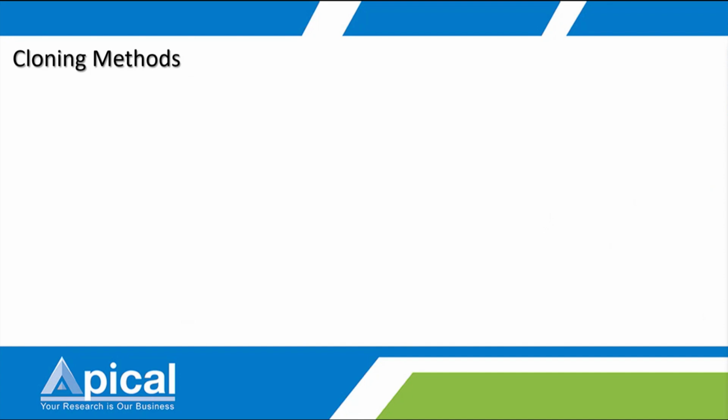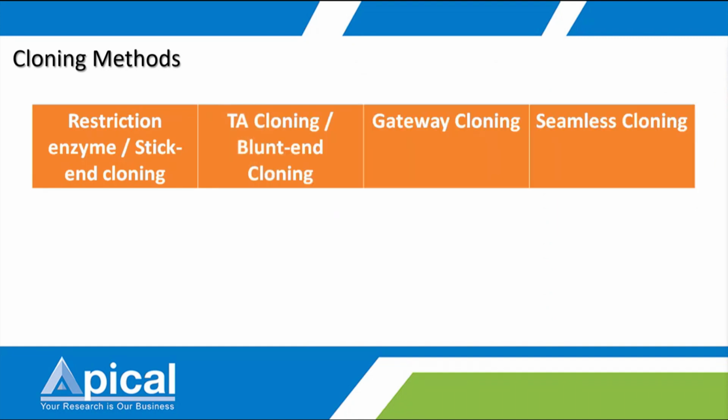There are many methods for cloning, and commonly there are four. They are restriction enzyme cloning, or sticky end cloning, then TA or blunt end cloning, also Gateway cloning and seamless cloning.